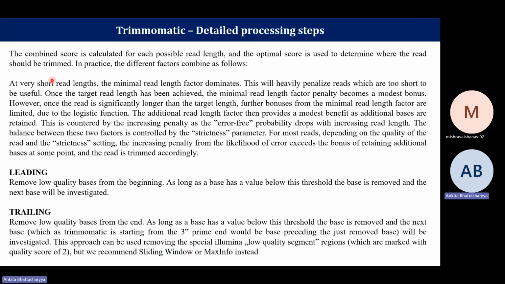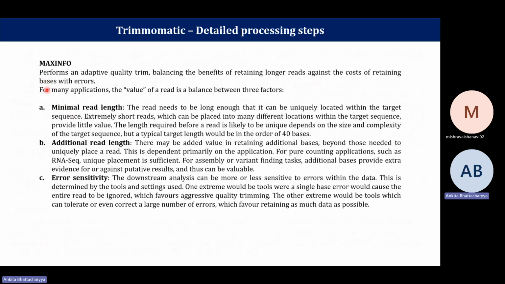Now, the combined score is calculated for every possible read length, and the optimal score is used to determine where within each read it should be trimmed. At very short read lengths, the minimal read length factor dominates. If you remember, this was one parameter, the minimal read length.